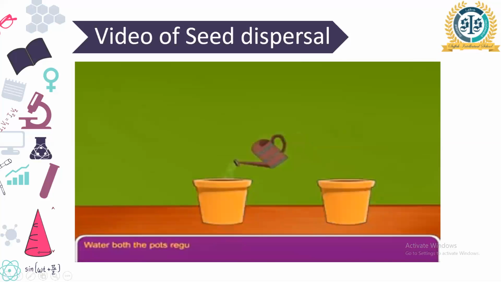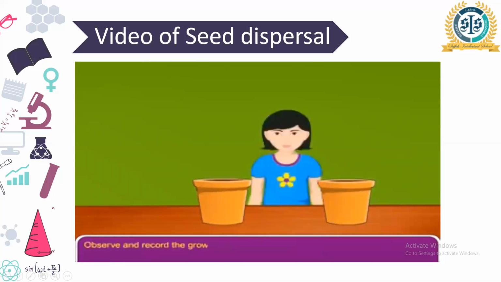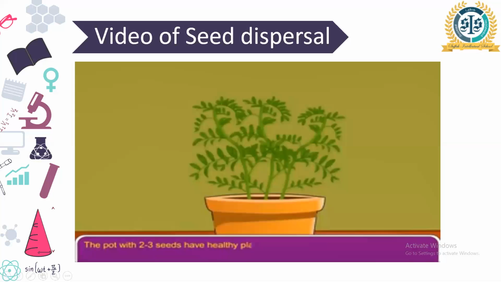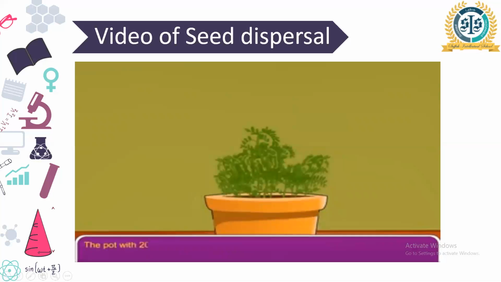Water both the pots regularly. Observe and record the growth of new plants. The pot with 2-3 seeds has healthy plants. The pot with 20 to 25 seeds has weak plants. This is because the seeds did not get enough sunlight, water, and space to grow.